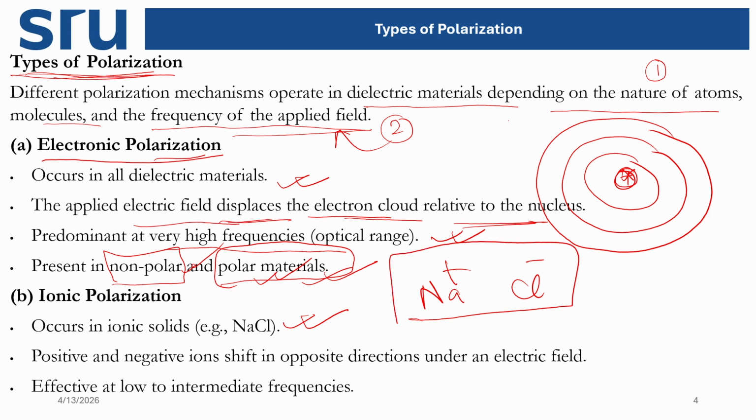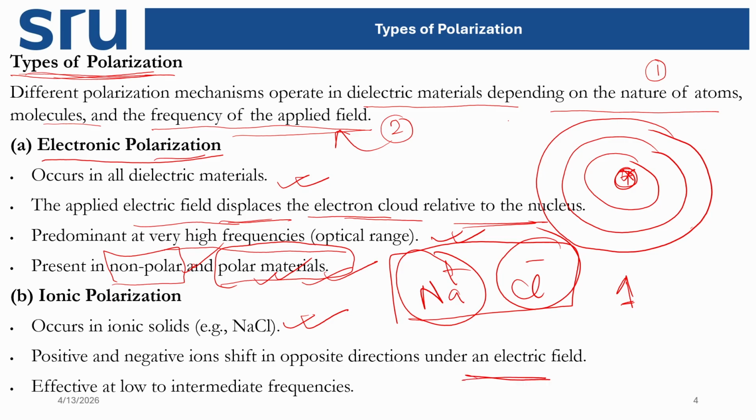Now, when we apply the electric field, the positions of Na plus and Cl minus shift, in slightly different directions. If their directions change, then an overall dipole moment of the molecule is created. So it no longer acts as non-polar; a dipole moment of the compound is there due to the application of the electric field.